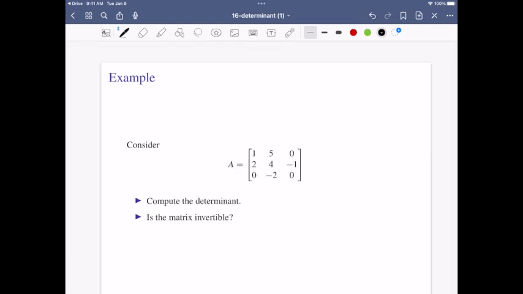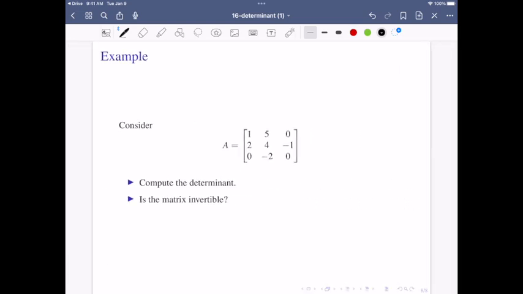All right. Now we look at a 3x3 matrix as an example. So A is given here. We first need to compute the determinant and then answer this question: is the matrix invertible?